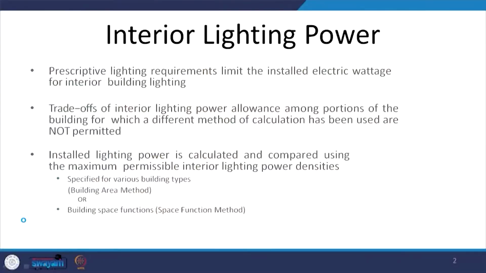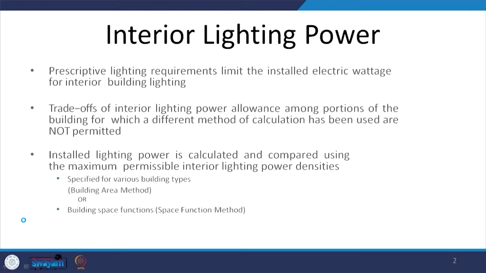So, continuing from the previous lecture, we will quickly look at the compliance criteria for interior lighting power. Whenever we talk about interior lighting power, we are talking about the prescriptive requirements for the installed electric wattage for interior building lighting.